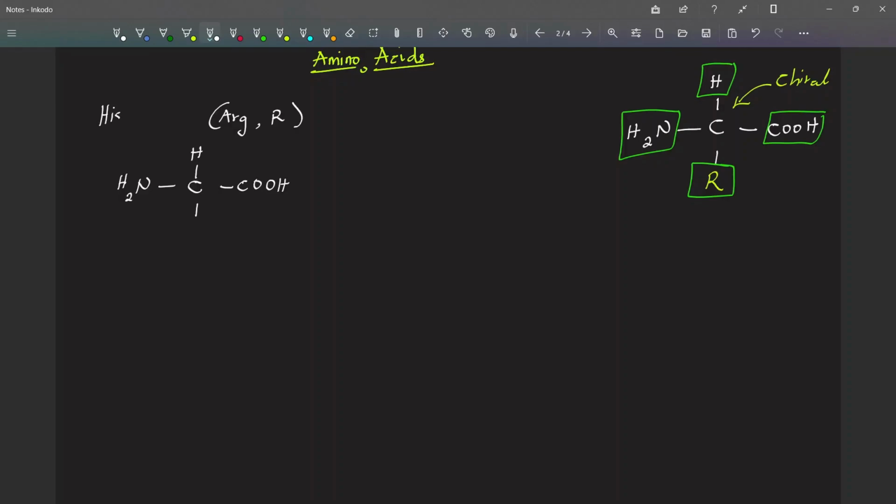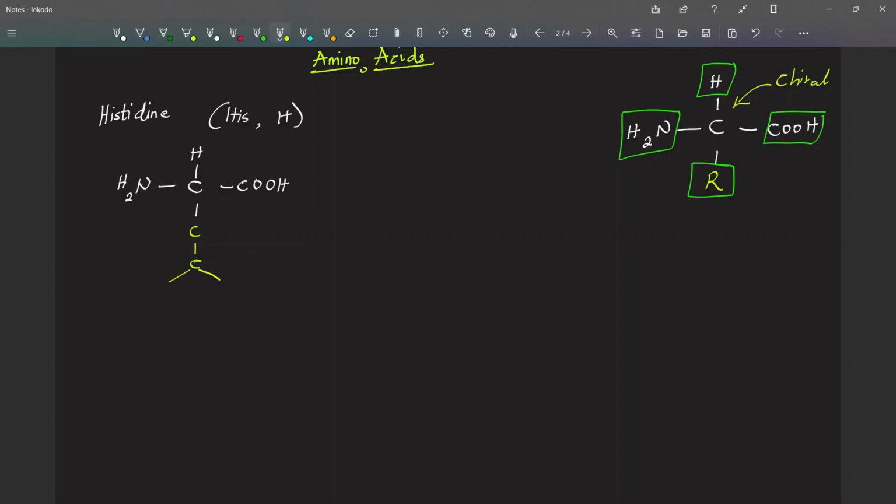The 3-letter abbreviation for histidine is HIS, and the 1-letter abbreviation is just an H. Now for the R group of histidine, we have a carbon that is attached to another carbon, and this carbon is in a 5-membered ring.